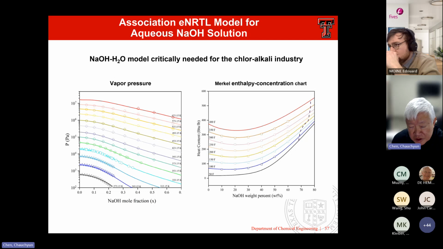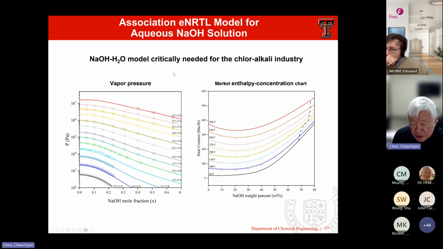One of the industrial systems I worked on back at AspenTech was to develop a caustic solution model for the chlor-alkali industry. With NRTL, for 40 years, I was never able to represent it well. But with the association model, we now have a successful model for caustic solution.